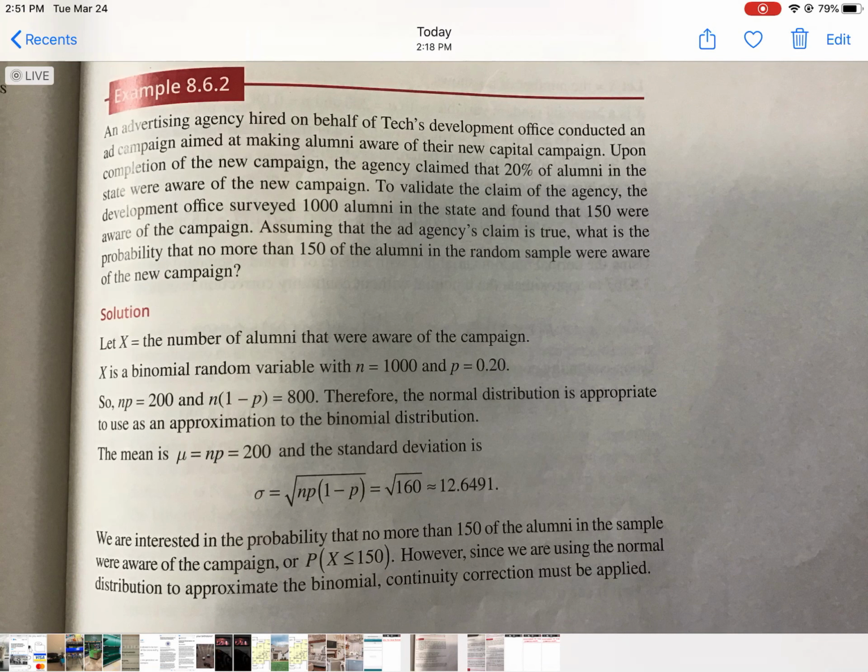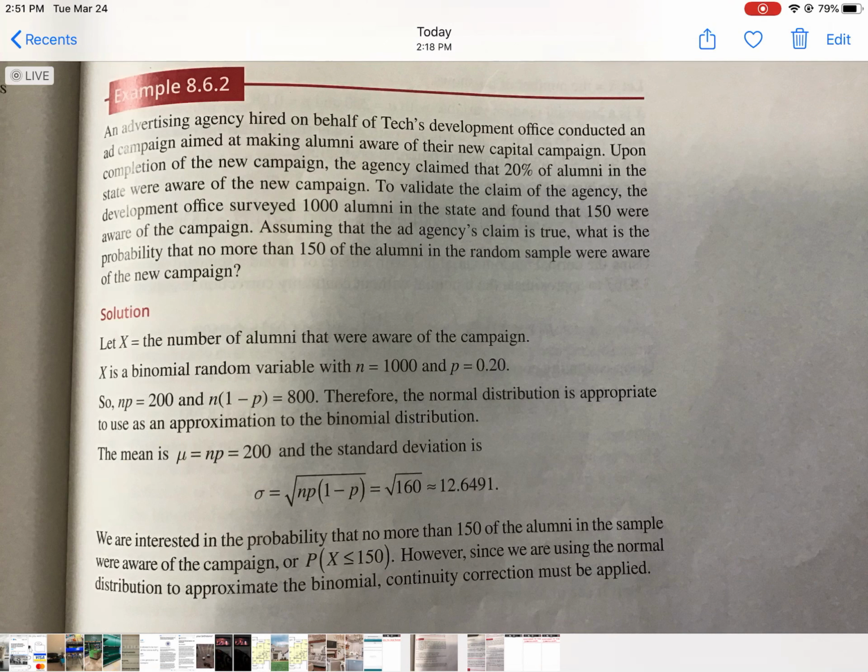This example says that an advertising agency hired on behalf of the Tech Development Office conducted an ad campaign aimed at making alumni aware of their new capital campaign. Upon completion of the campaign, the agency claimed that 20% of alumni in the state were aware of the new campaign. So the probability of success, the probability of awareness, p, is going to be 0.2.